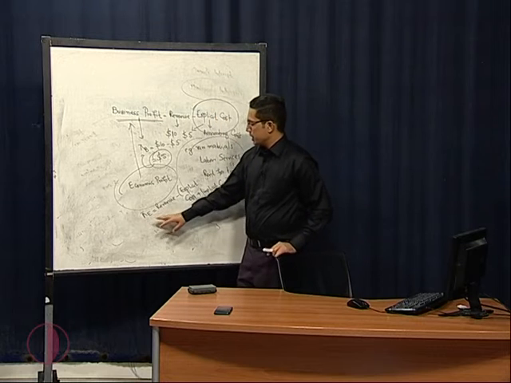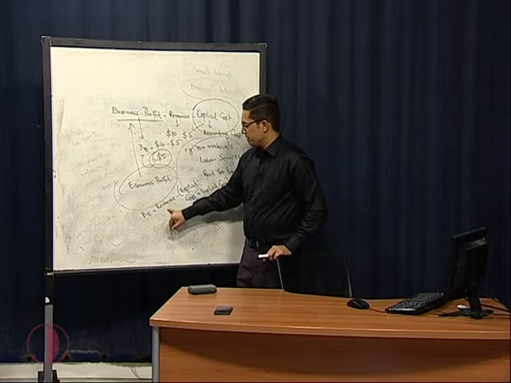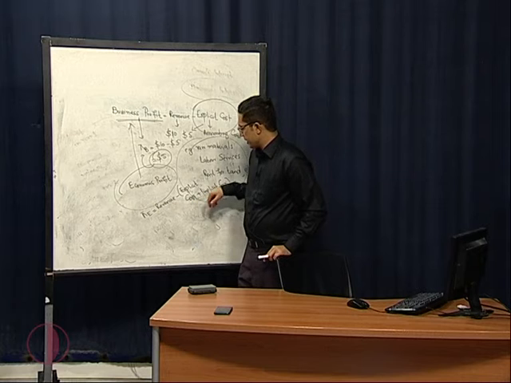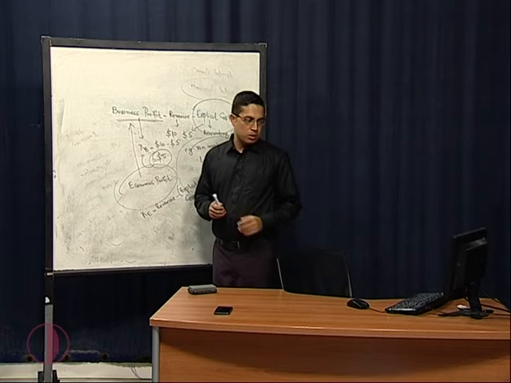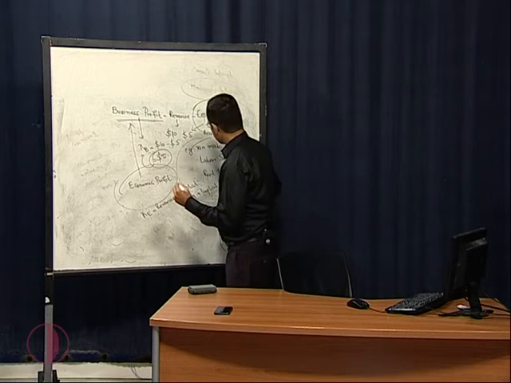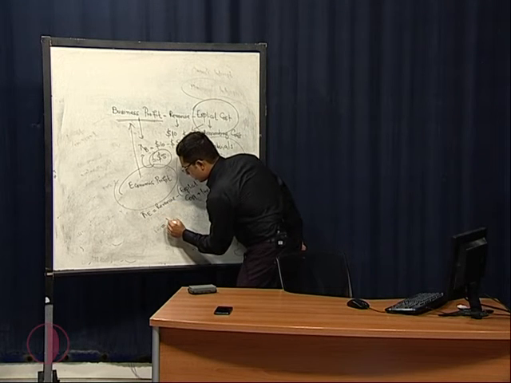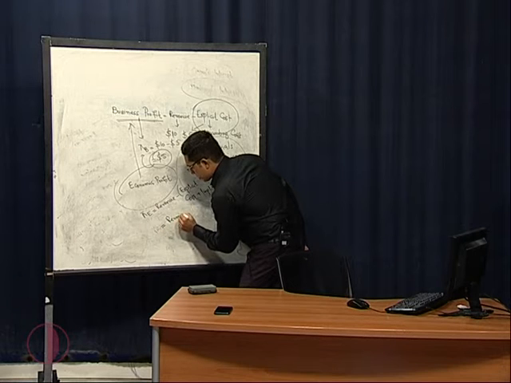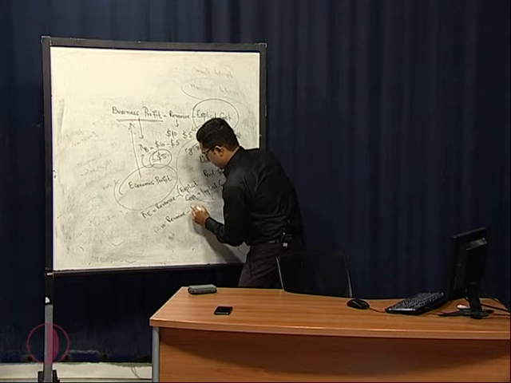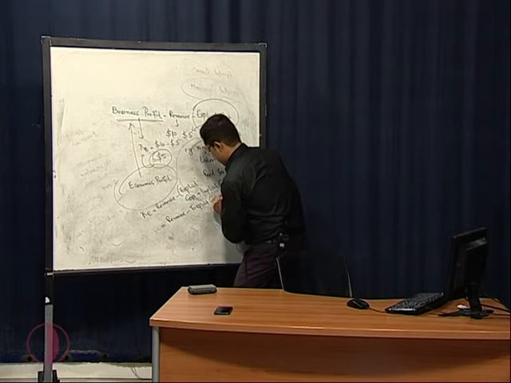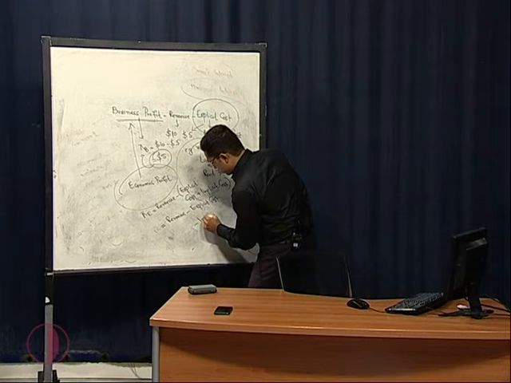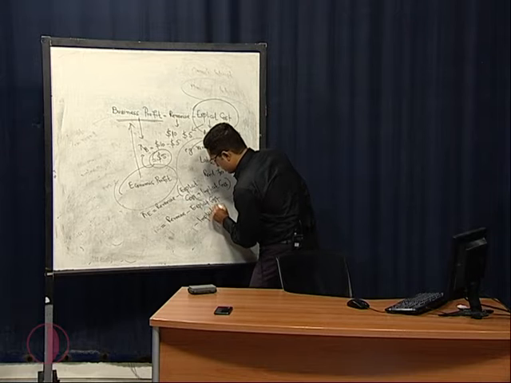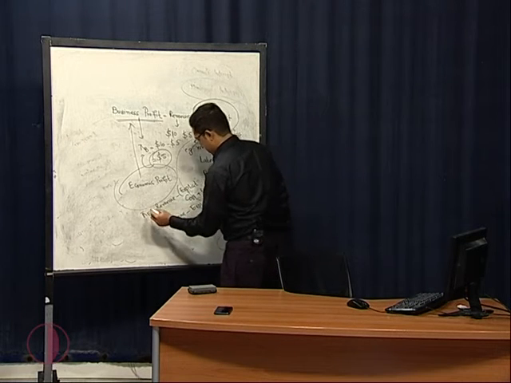According to the economist, economic profit means revenue minus explicit cost and implicit cost. So we can also write it as revenue minus explicit cost minus implicit cost.